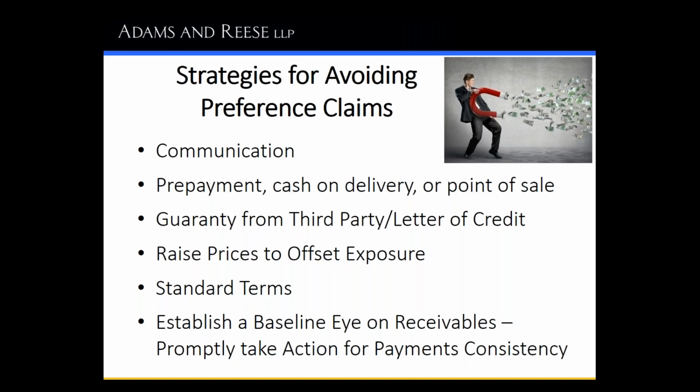There is really no one-size-fits-all approach to mitigating or preventing preference exposure. And like a lot of things, there are fewer options the longer a company waits to deal with the potential for preference exposure for payments it's getting.